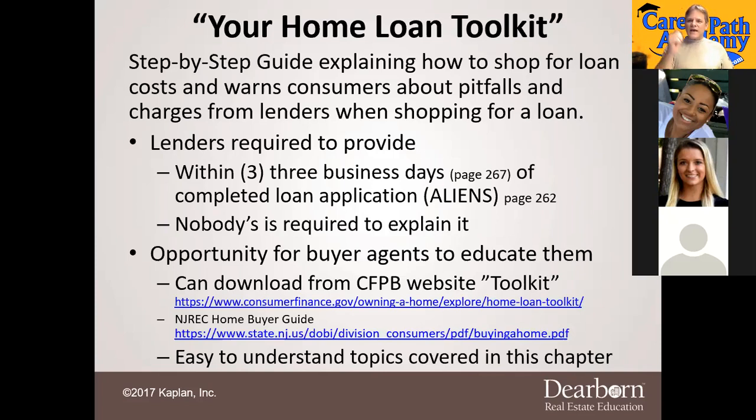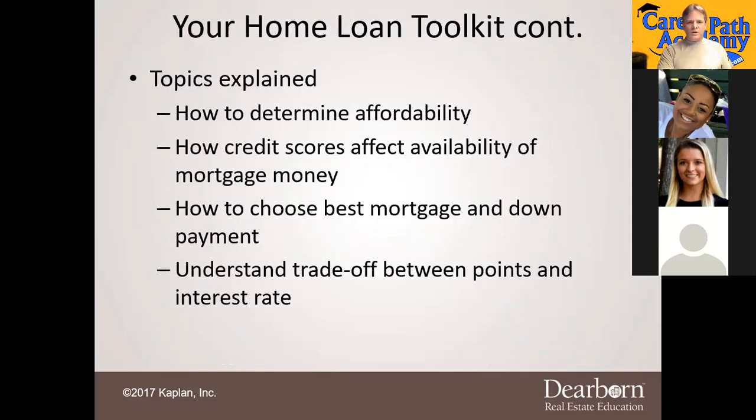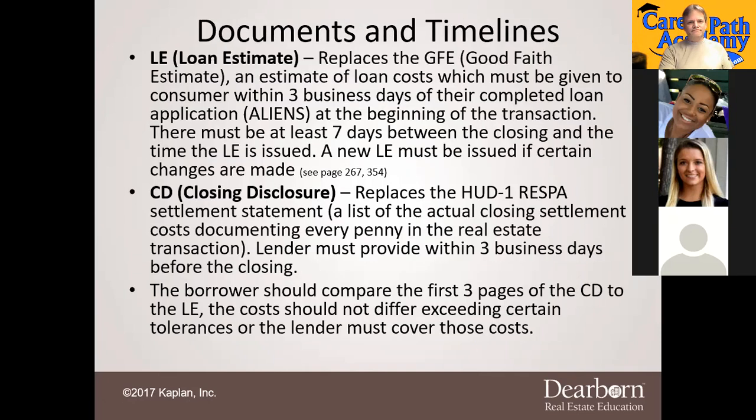And now they start counting the time that the lender is required to give the Your Home Loan Toolkit to the borrower within 3 days, which explains these things that you see on the slide in front of you. How to determine affordability, how credit scores affect their loan, how to choose the best mortgage and down payment, and understanding the trade-off between points and interest rates.